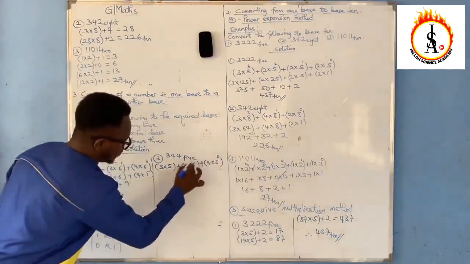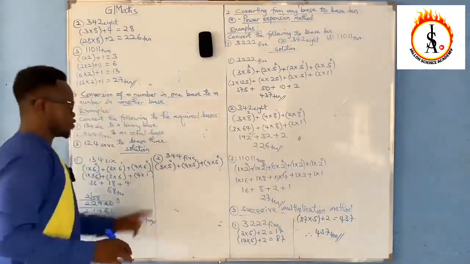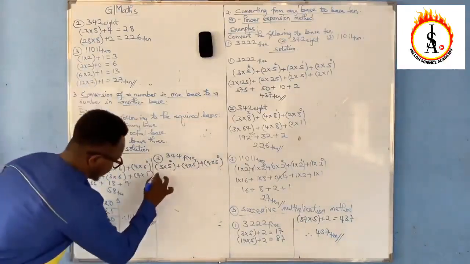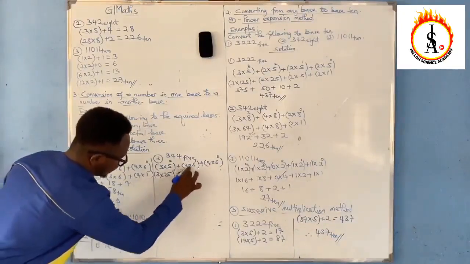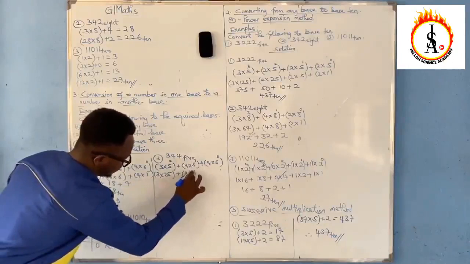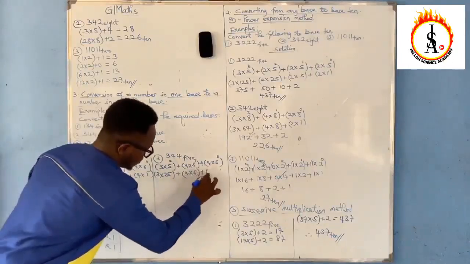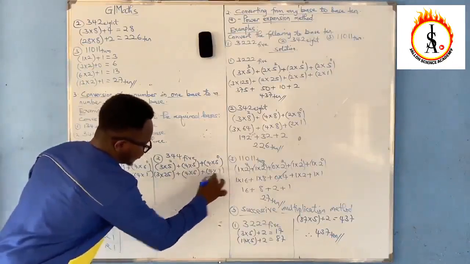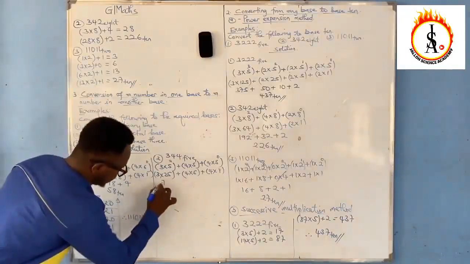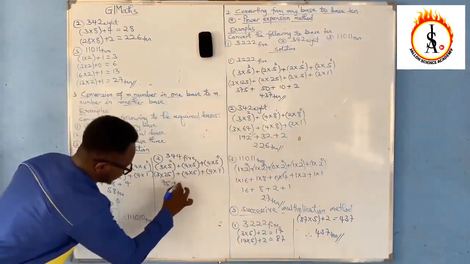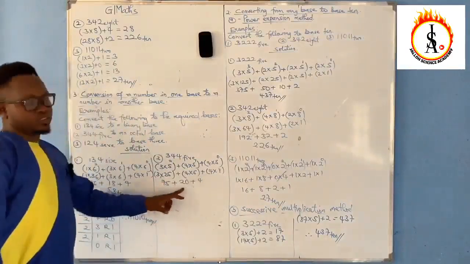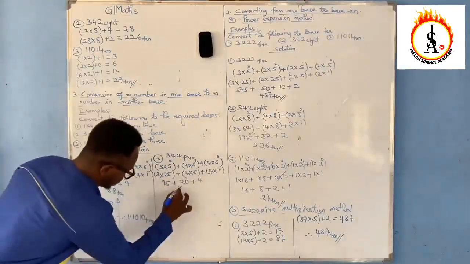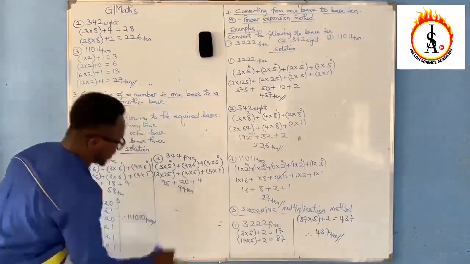Power 0, power 1, power 2. 5 to power 2, that's 25. 3 by 25 plus 5 to power 1 is 5, 4 by 5, plus 4 by 5 to power 0 is 1. 3 by 25 is 75 plus 4 by 5 is 20. 4 by 1 is 4. This and this gives us 95, and this gives us 99 in base 10.